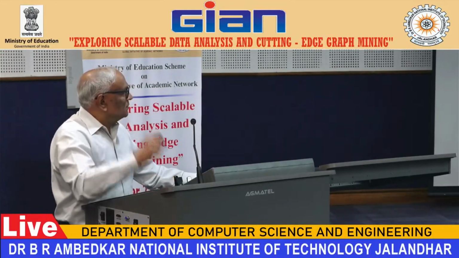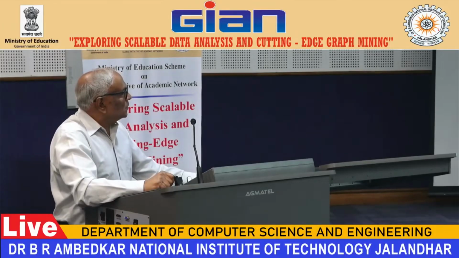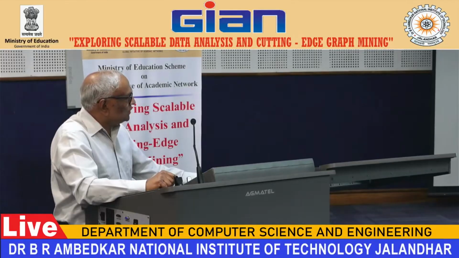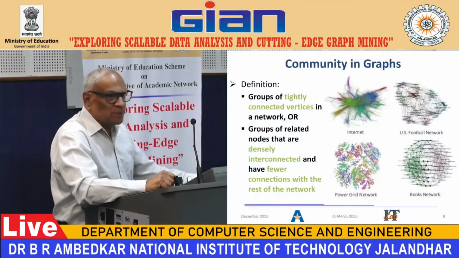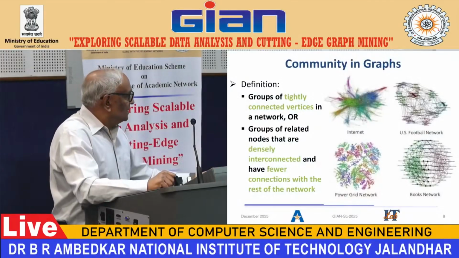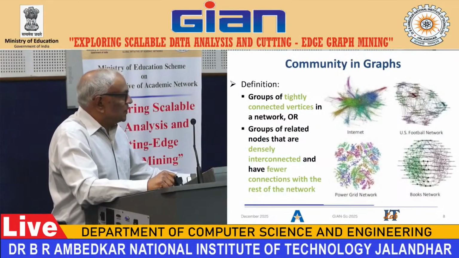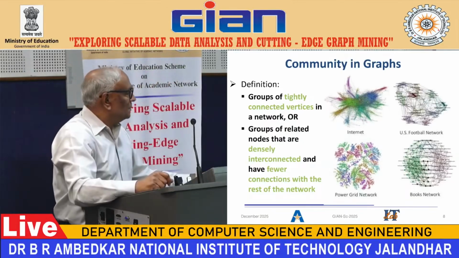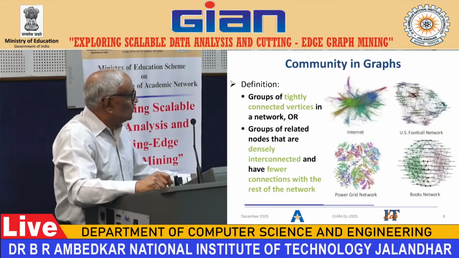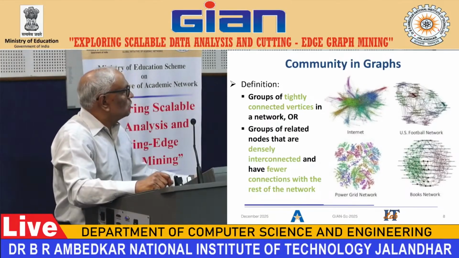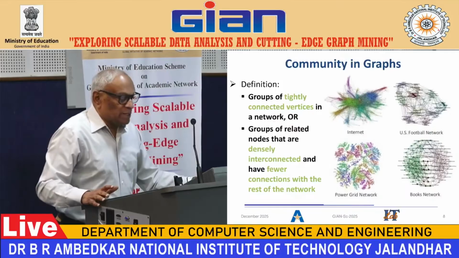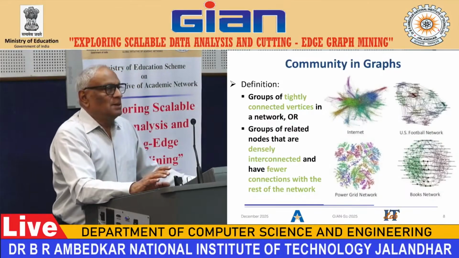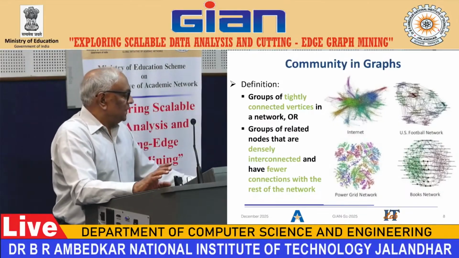In the US, football is a big thing, and in this one you can clearly see there are communities, with sparse connections between them. This is a power grid network, where you have communities or regions around a big city. Here is a books network. Again, you can see communities in different colors. So communities are very important from an analysis perspective, and computationally, it's expensive.